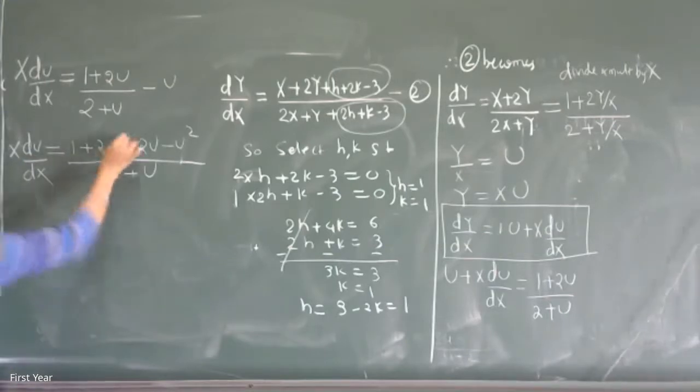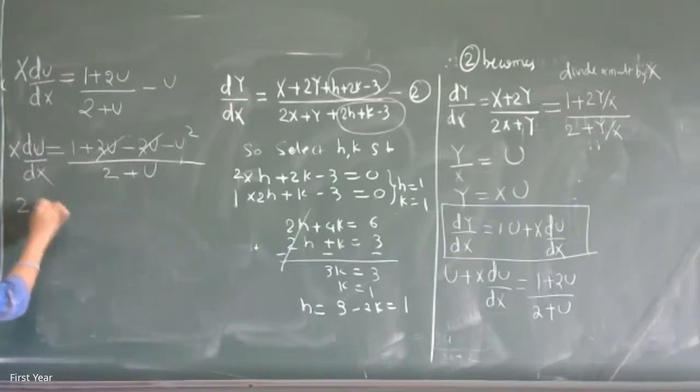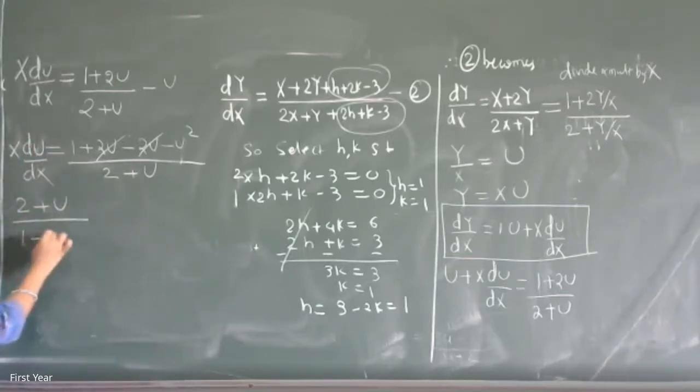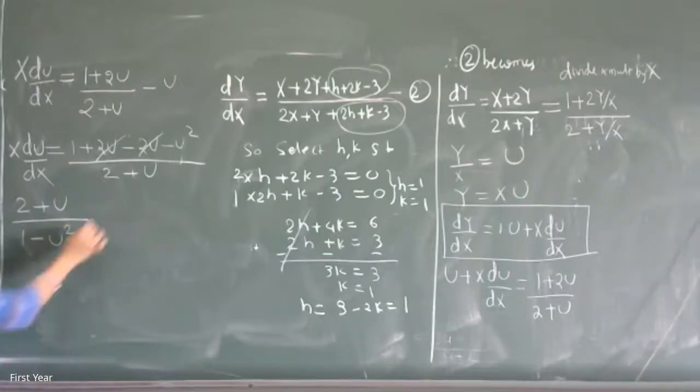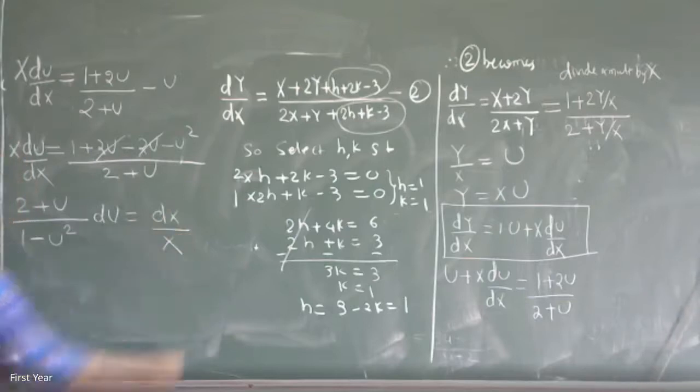So 2u and 2u get cancelled, and separating out the variables, you get 2 plus u upon 1 minus u square du is equal to dx by x.